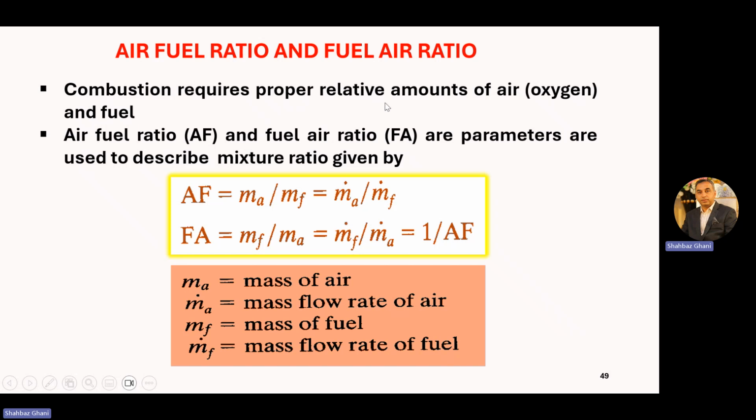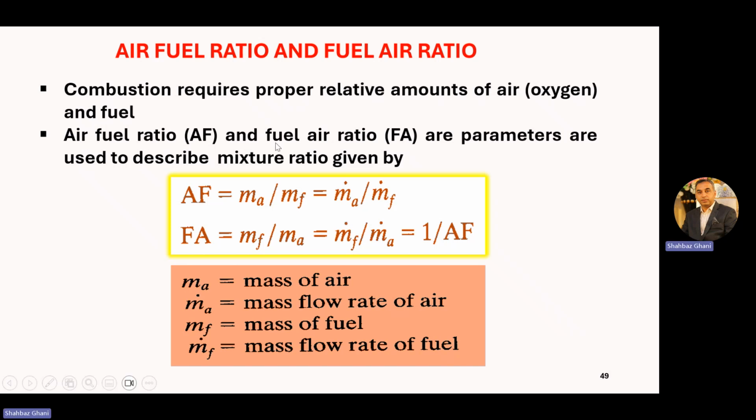If the air is more and fuel is less, the combustion will be lean. If air is less and fuel is more, the mixture will be rich and the combustion will not be proper. So we have to have a specific ratio, a specific amount of air and fuel.